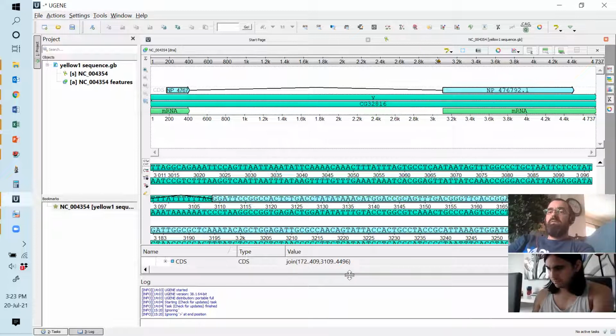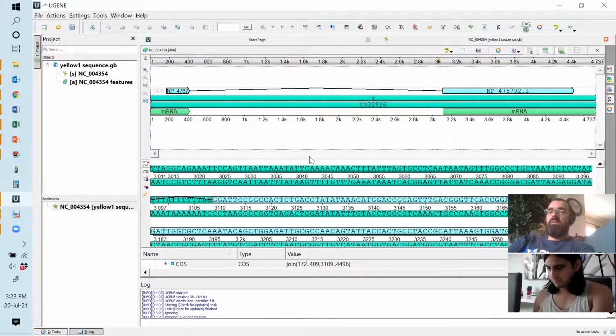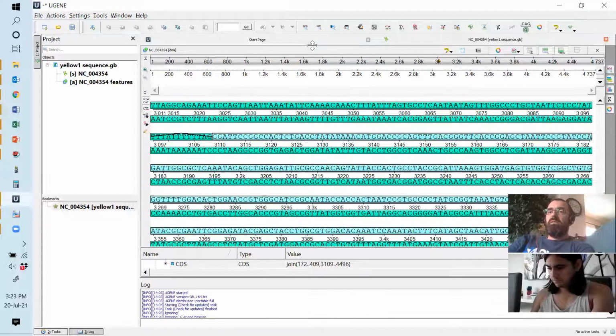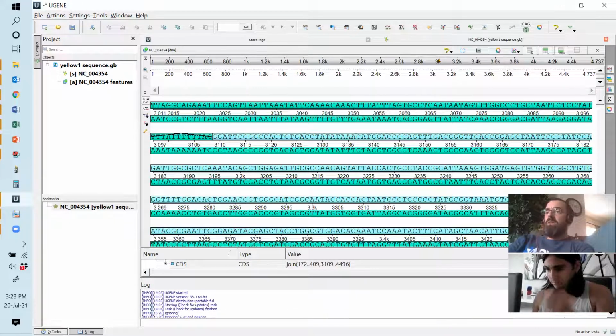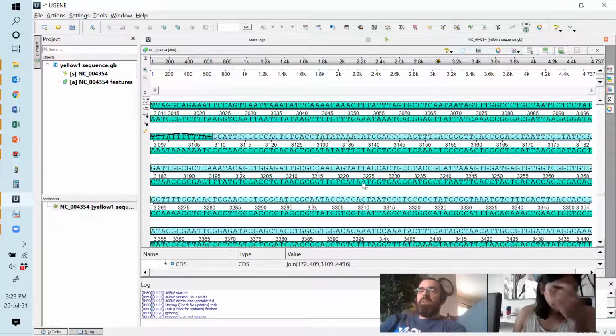And just for giggles, while we're here, let's get rid of that for a little bit. Make it bigger. So this here is the start of exon 2.